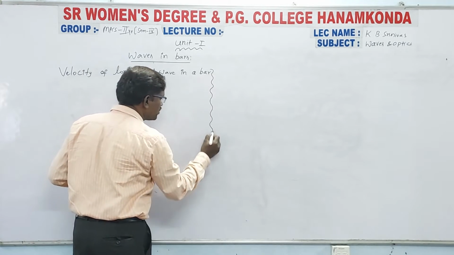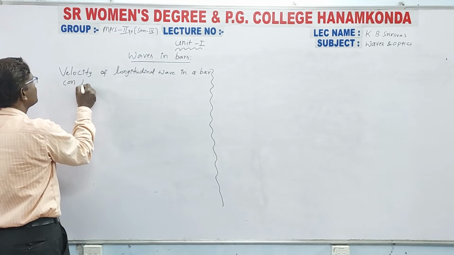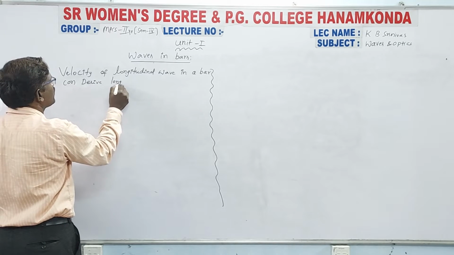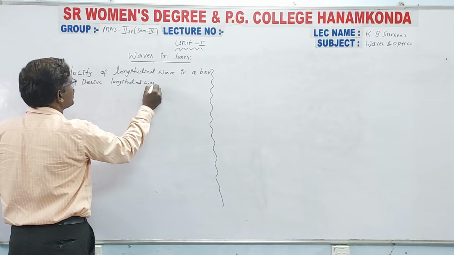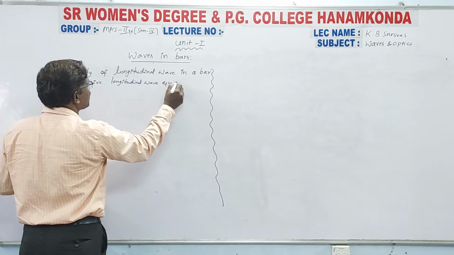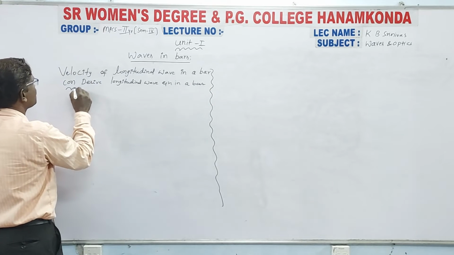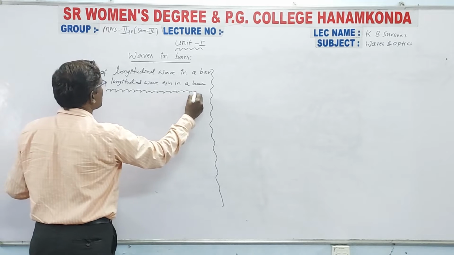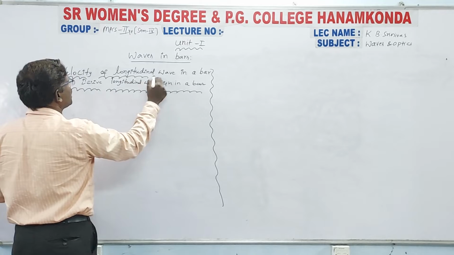There is another way to ask this question, that is derive longitudinal wave equation in a bar. Anyhow, this is a very important long question, repeated a number of times in the annual examination. Just listen carefully.